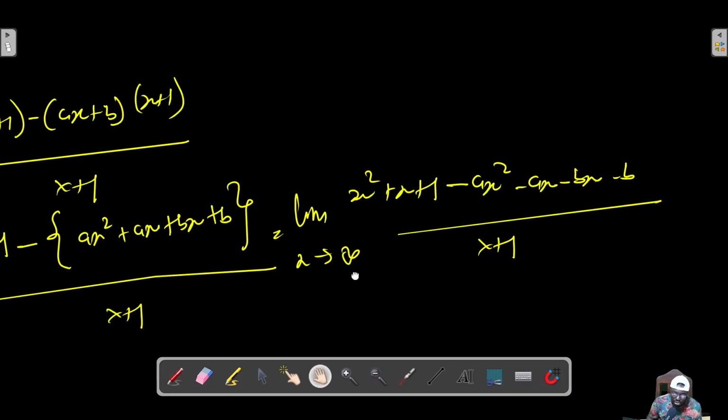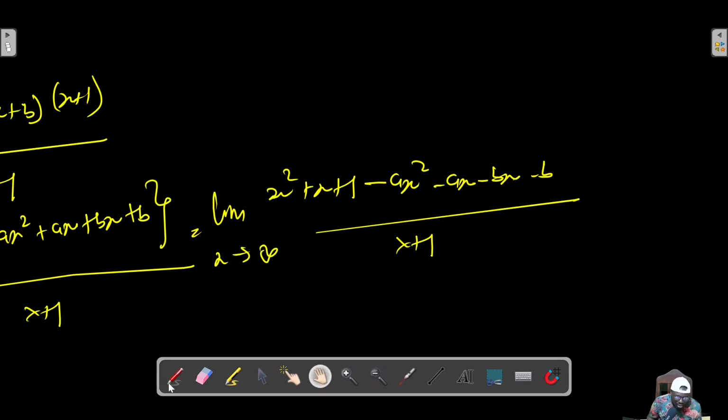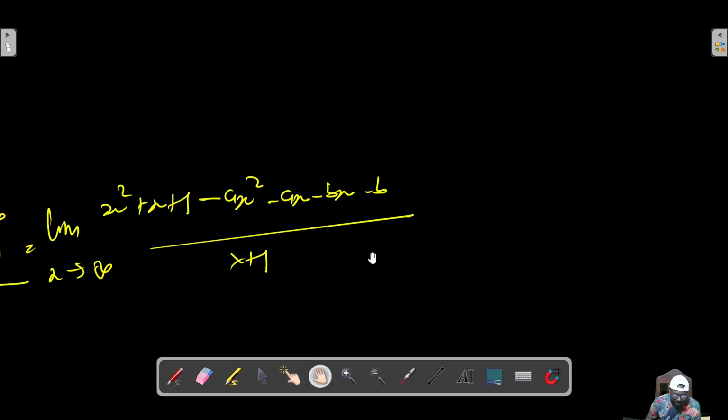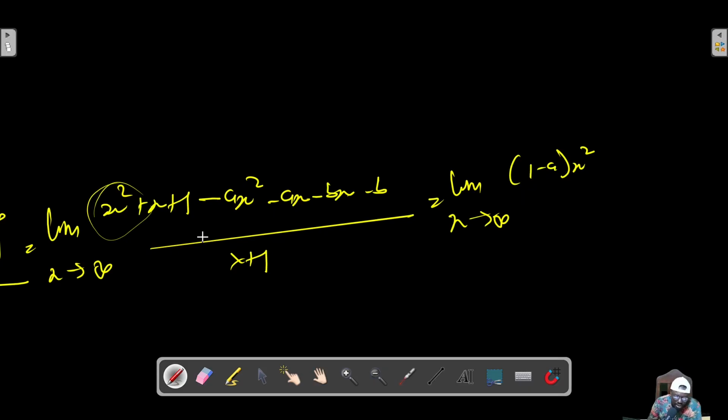Now, I want to do one thing. I want to group like terms, and you'll get to know the reason why. So I'll group like terms. So I'm grouping all the x's, all the x squares, and then the constant separately. So the limit as x is approaching infinity of, now the x squared terms are this one and this one. So I can say 1 minus a, x squared.